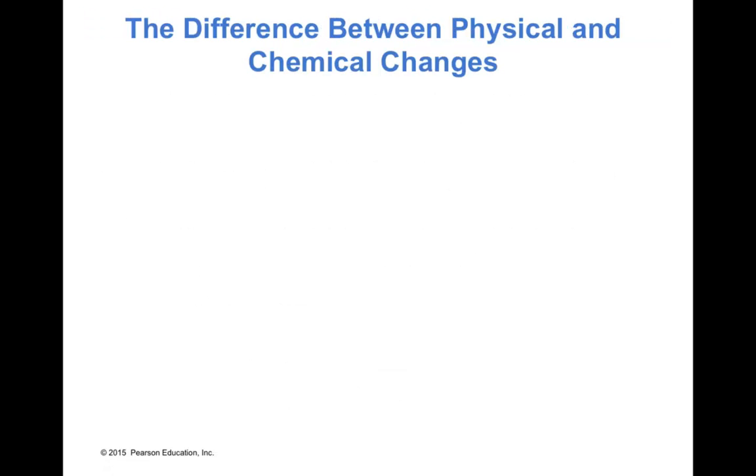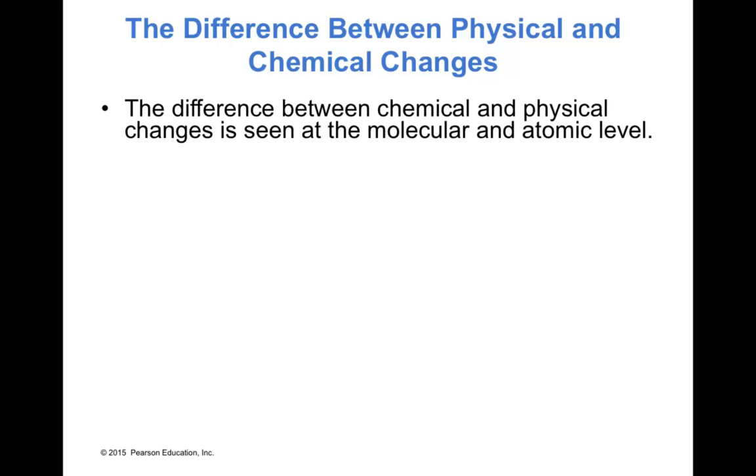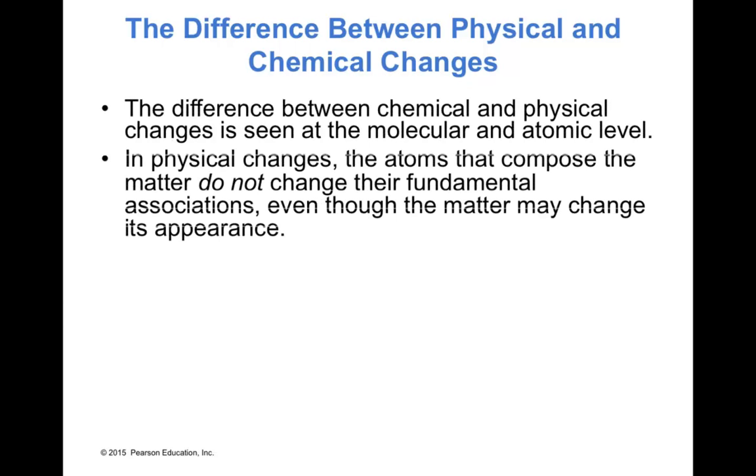The difference between chemical and physical changes is seen at the molecular and atomic level. In physical changes, the atoms that compose the matter do not change their fundamental associations, even though the matter may change its appearance.